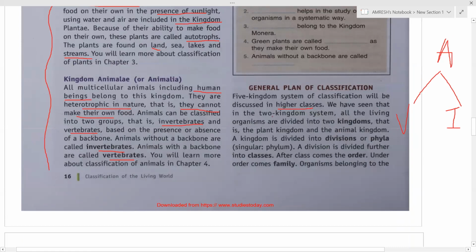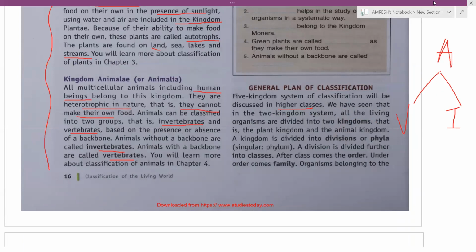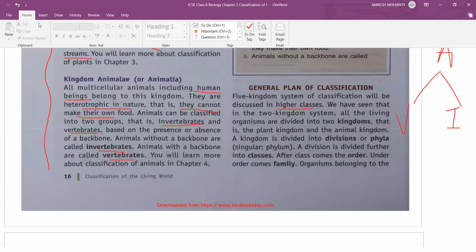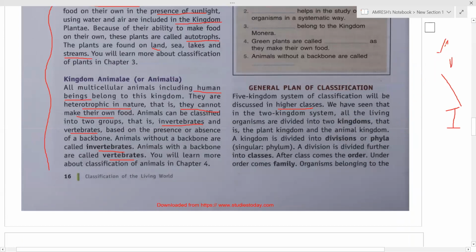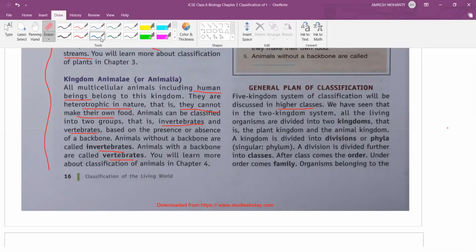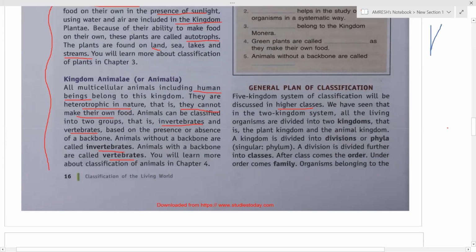We have seen that in the two kingdom system, all the living organisms are divided into two kingdoms, that is the plant kingdom and the animal kingdom. So we have the kingdom. The kingdom is again divided into phylum or division. See, phylum we say in case of animals, division we say in case of plants.